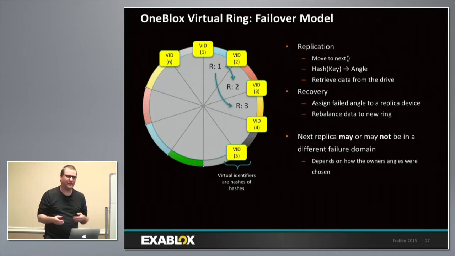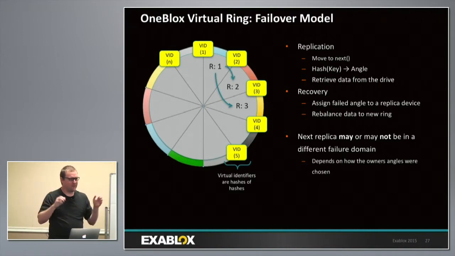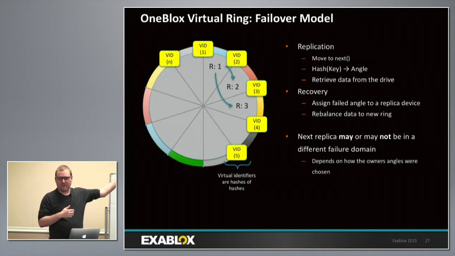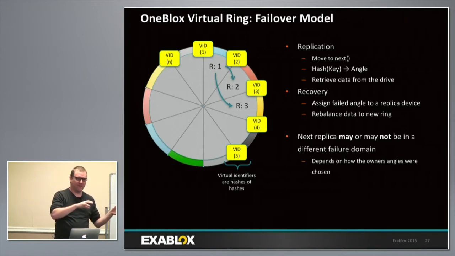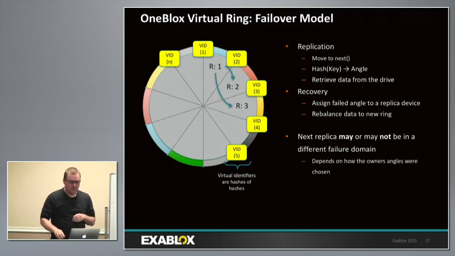The problem is that because the ring doesn't have any notion of where the drives are, all of your correlated data can end up in the same failure domain. So we augmented this for our data protection. We did some algorithms where we said, let's place the data not on this node because we already put it there, let's put it here. But looking next became really problematic because it didn't give us enough flexibility. So what did we do?